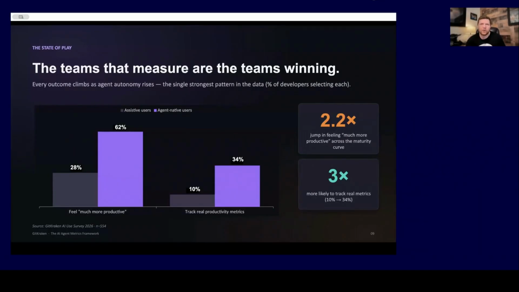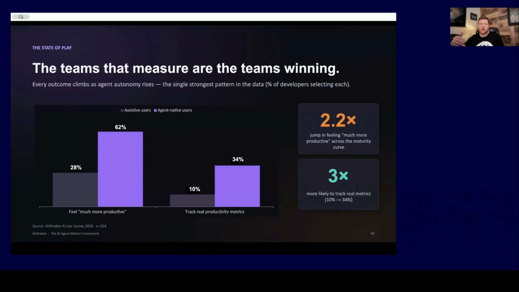guessing. When we group developers by how autonomously they use AI, from assistive, and assistive would be like code complete, 2 years ago, 3 years ago, maybe using some of the tools that would help you with that, all the way up to fully agent native. Now, this means maybe you're running agents for longer, deeper sessions.